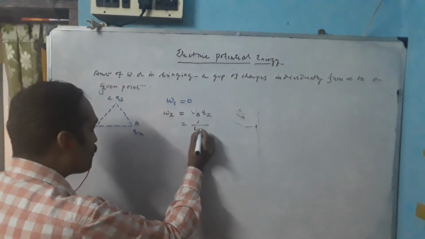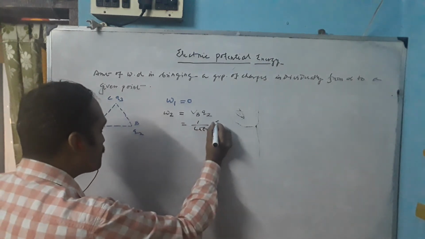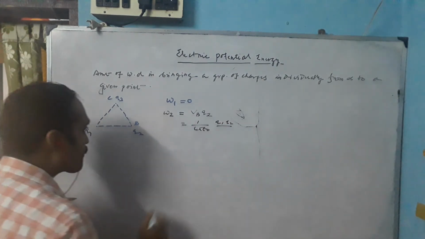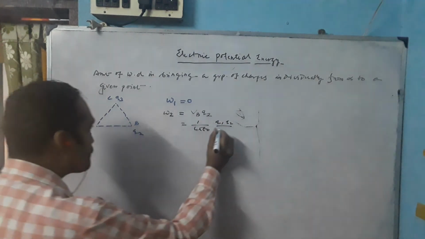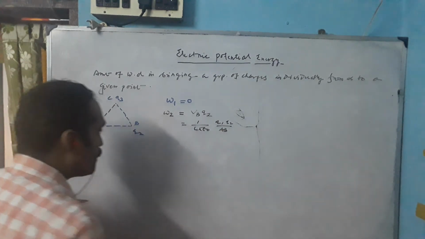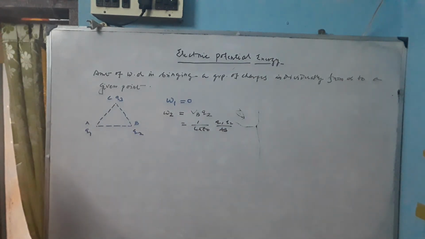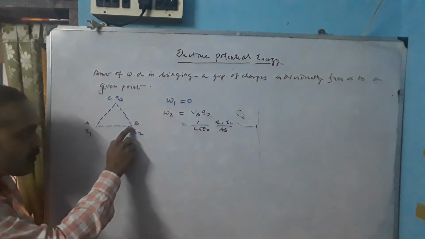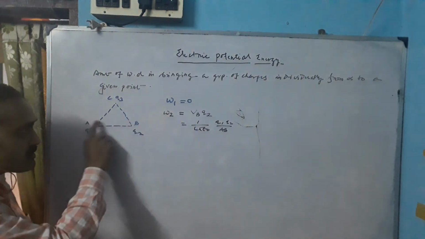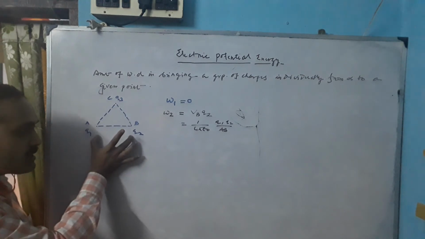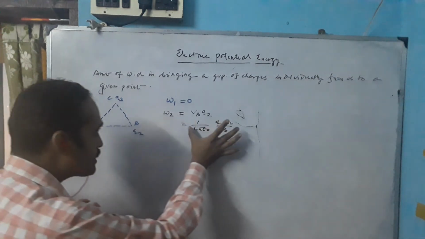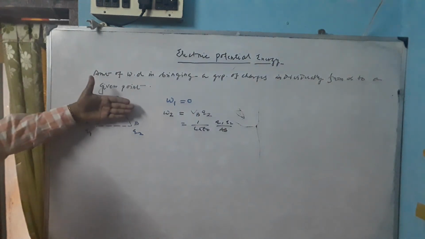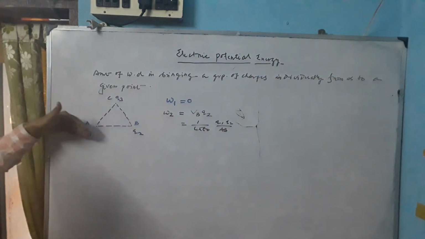So the formula is 1 by 4 pi epsilon 0 Q1 Q2 over this distance. So to bring this Q2 to B, we have already made a system between 1 and 2, and the work done is this. So in our system now we have these two charges.